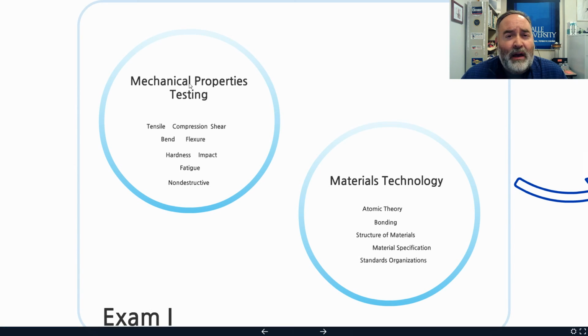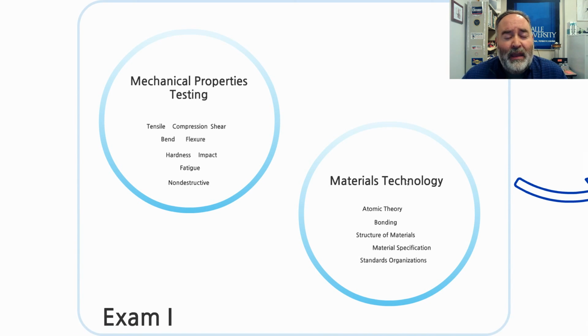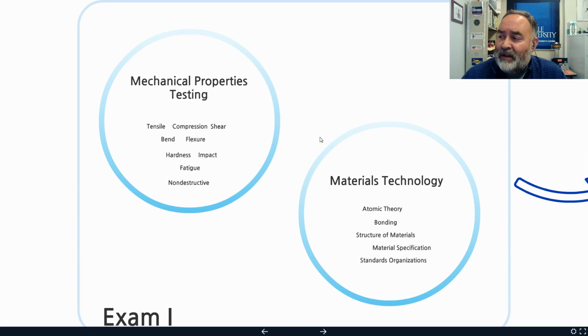We'll be talking about how we actually test materials, and then specifically what types of theories are behind materials: what makes a metal, what makes a polymer or a plastic, and what makes a ceramic or a glass have different properties than all the other materials that we're going to study.